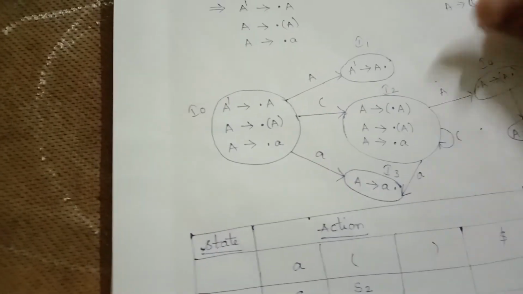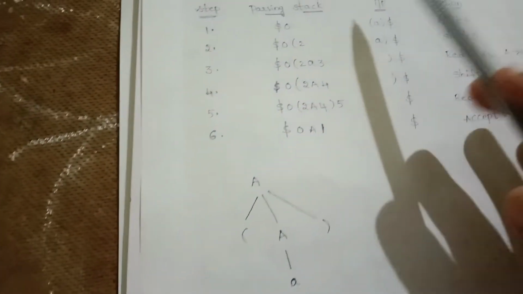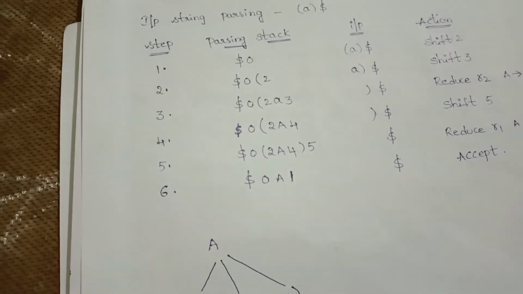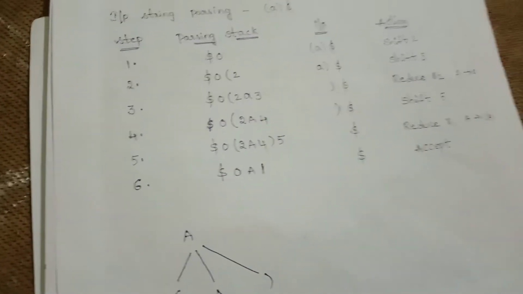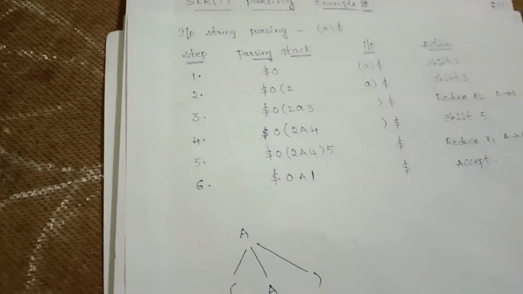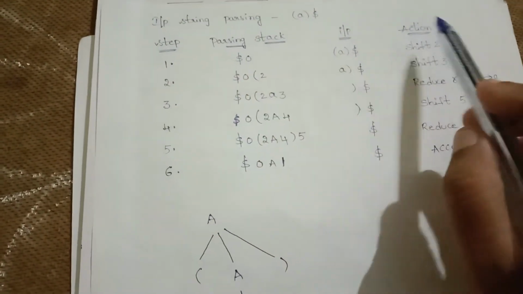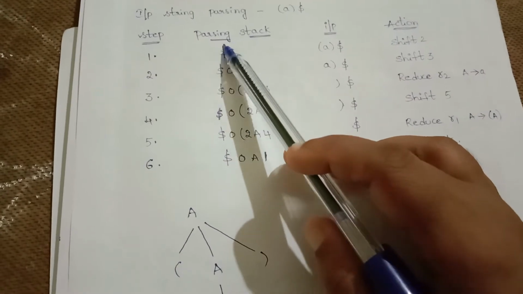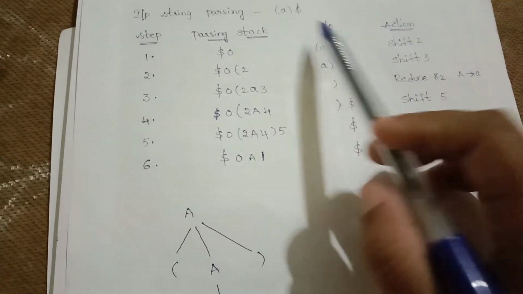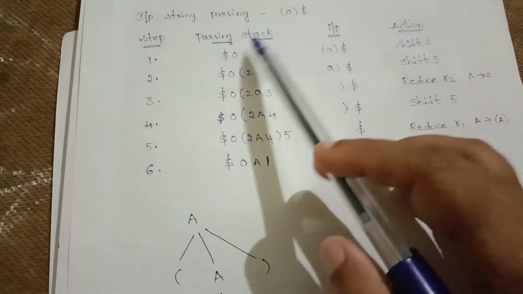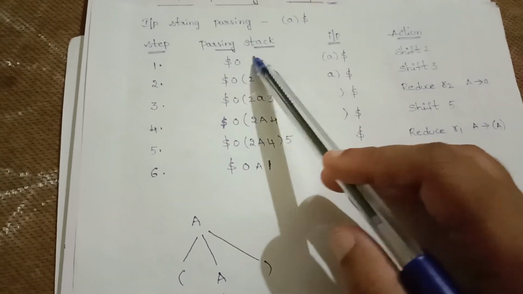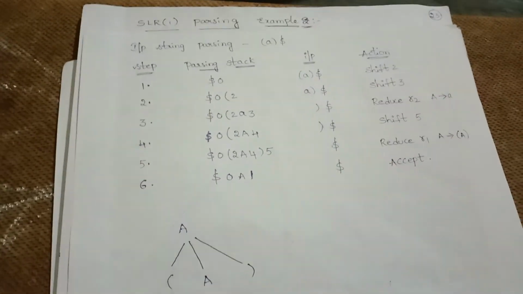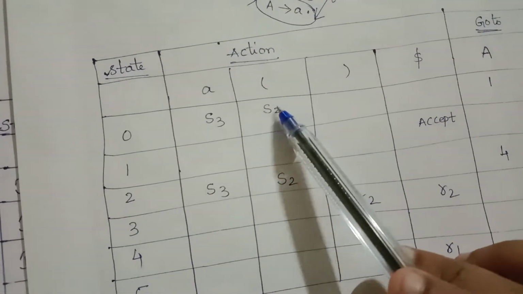Now we need to parse the given input string. The given input string is left parenthesis, a, right parenthesis and dollar. So parse the given input string with stack, input and action. In the stack you need to consider dollar, then the input, and after the input you place dollar. Now in the stack consider 0, the starting state. Now 0 on left parenthesis, see in the table, S2.